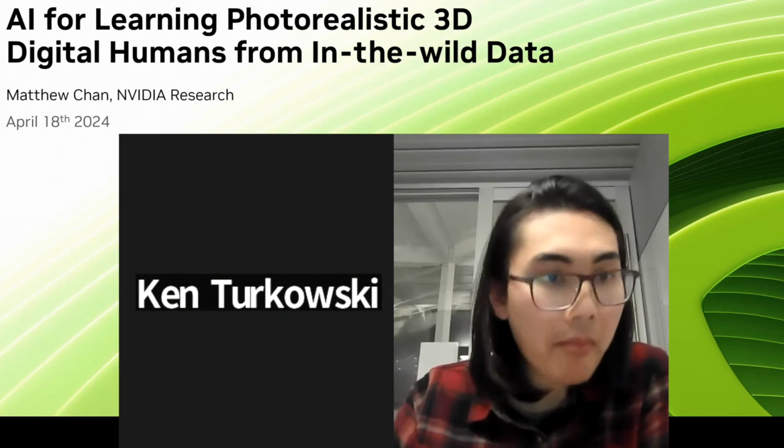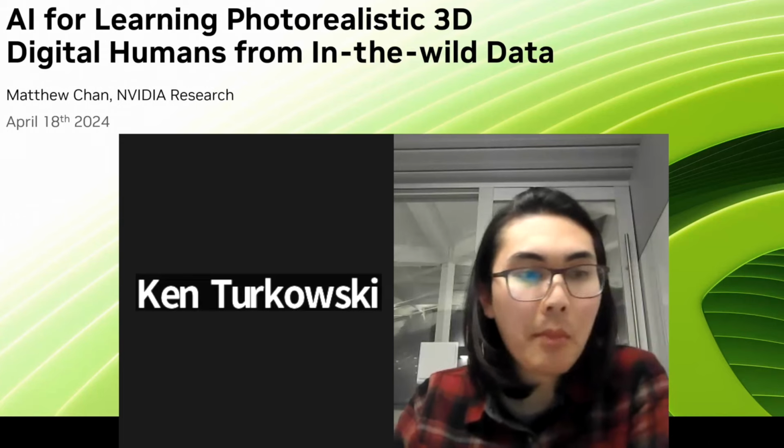If this is used for video teleconferencing, what is the bandwidth requirement? That's a good question. So rather than streaming the renderings of the person in and out, we're actually streaming the full 3D representation. So it's these triplanes.